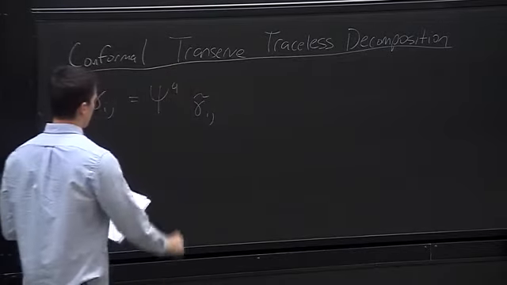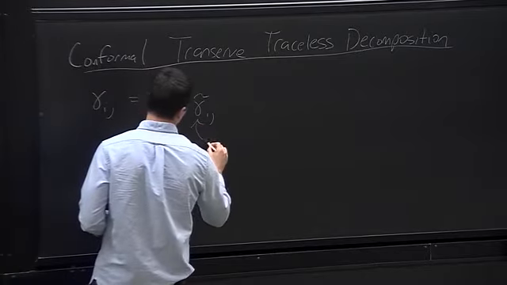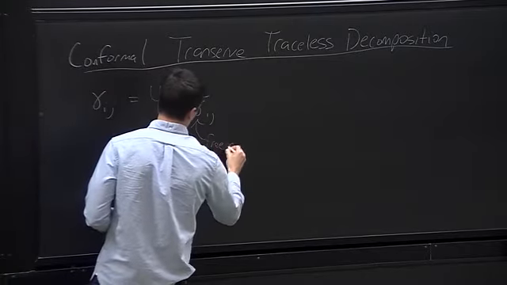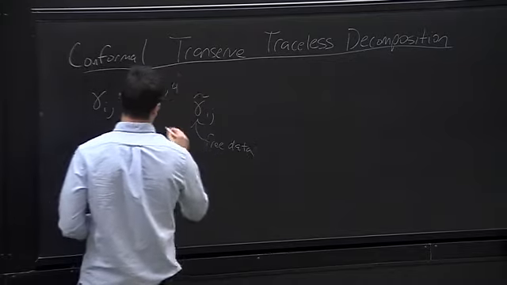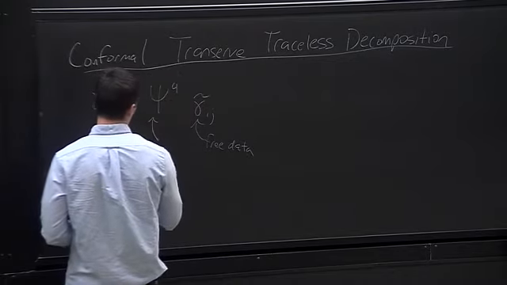And basically, this we will choose freely, and this we will solve the Hamiltonian constraint for.